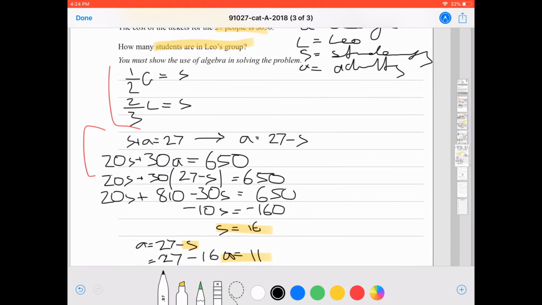So we could say that half of G plus 2/3 Leo equals the total number of students, which is 16.